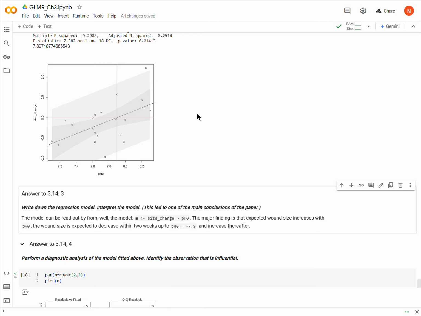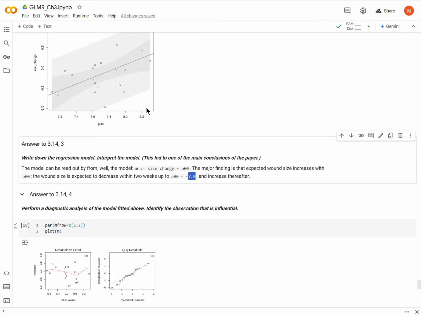A higher initial pH causes increased wound size 2 weeks after the initial insult. This also translates to values below about 7.9 initial pH being expected, on average, to lead to healing within 2 weeks, or smaller wound size, and after that leading to larger wound size. Again, not in all cases, but on average.